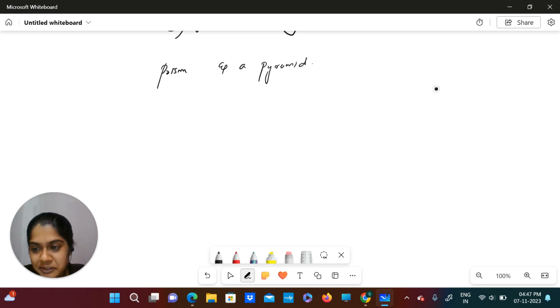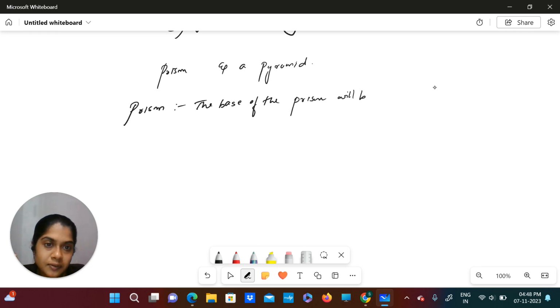Prism and pyramid. Actually, this cube can also be called a square prism. What does prism actually mean? The base of the prism will be a polygon.